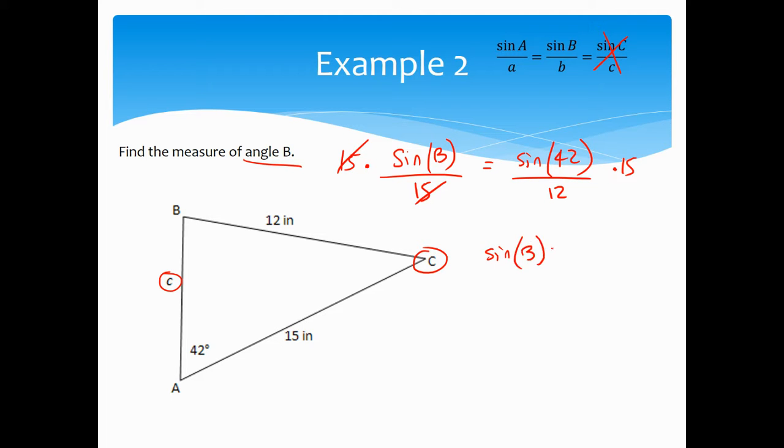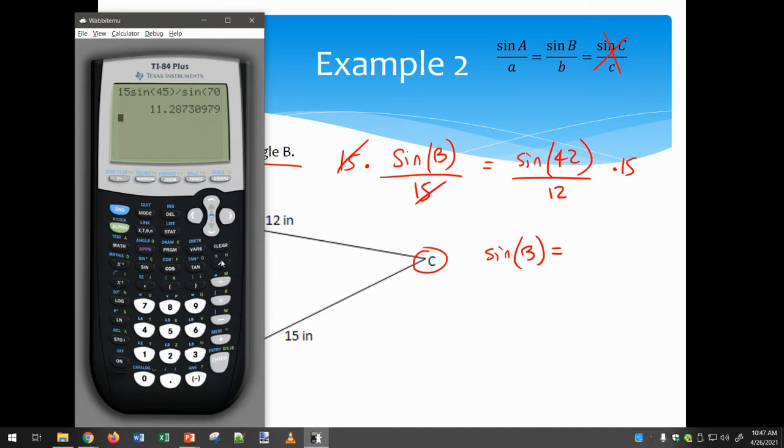So sine of B equals, let's do this again, sine of 42 times 15 divided by 12.836.